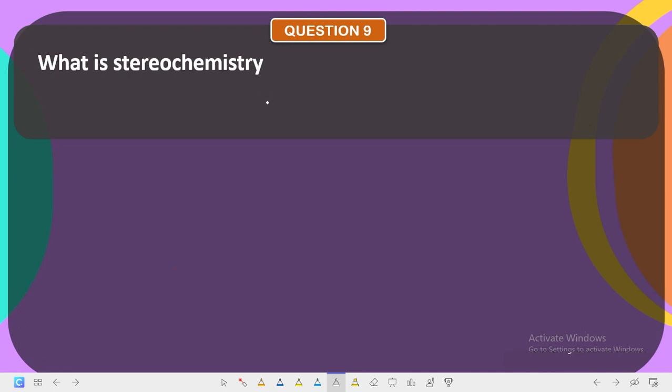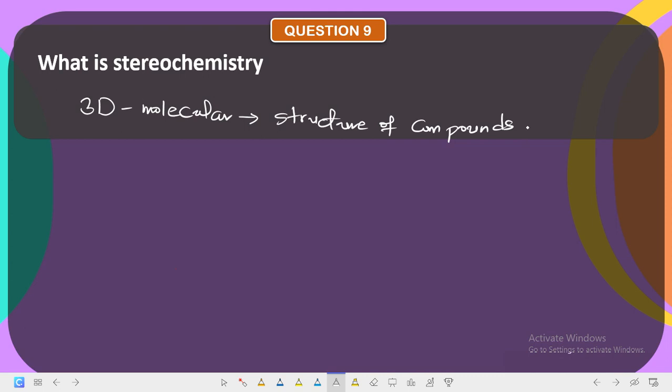Stereochemistry is a branch of chemistry that studies the 3D molecular structure of compounds. Okay? So the branch of chemistry that studies the 3D molecular structure of compounds is called stereochemistry.